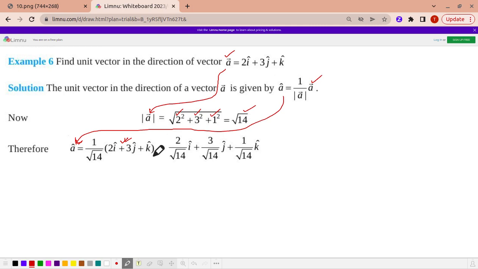So the vector becomes 2i cap plus 3j cap plus k cap by square root of 14, and we can write it as 2 by square root of 14 i cap plus 3 by square root of 14 j cap plus 1 by square root of 14 k cap. These are the steps to be followed when you need to find the unit vector in the direction of a vector. I hope it is clear, dear students.